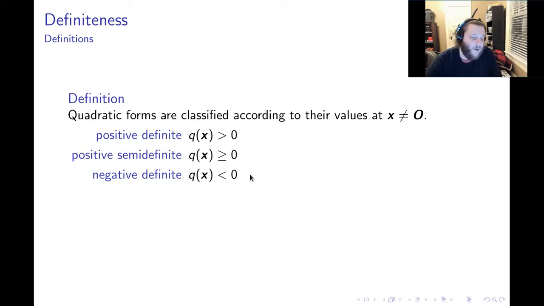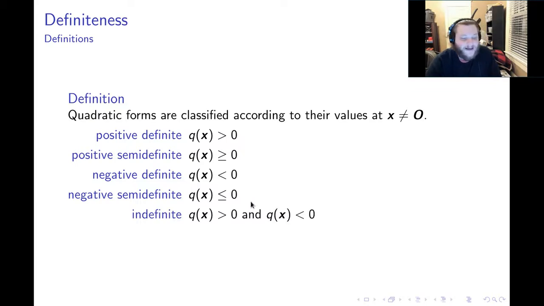And we call it negative semi-definite if it is always non-positive. The last category is indefinite quadratic forms. These are the quadratic forms that take on both positive and negative values.